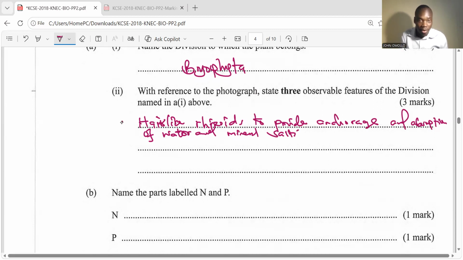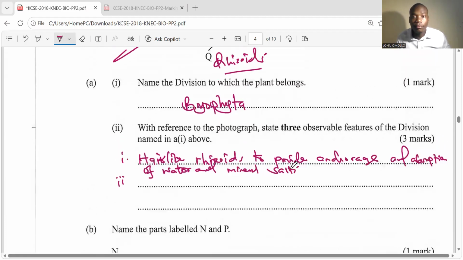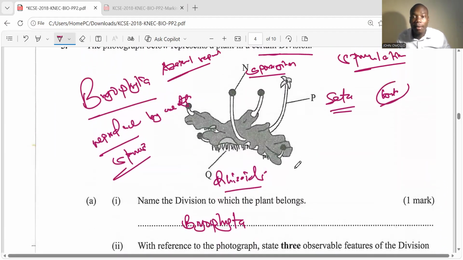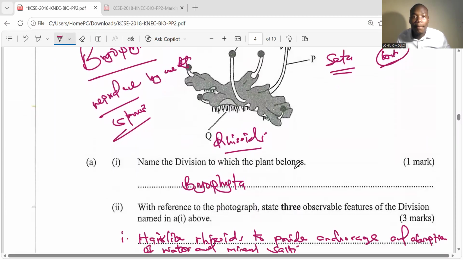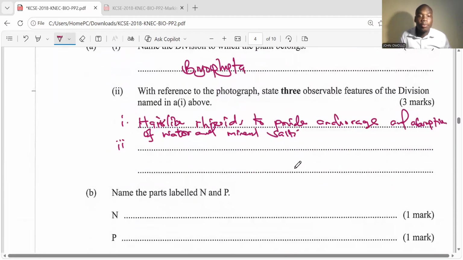That is the number one observable feature. Number two, we can talk about the sporangium.